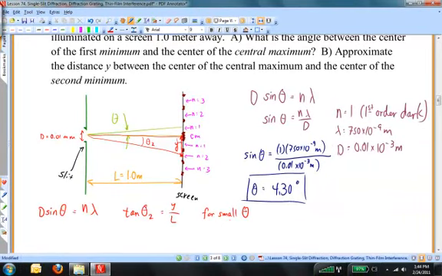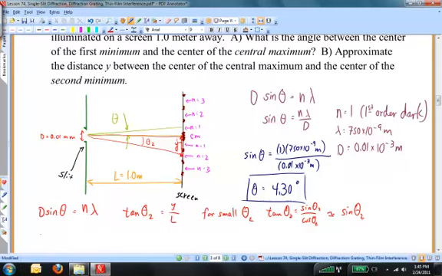The small angle approximation allows me to say that the tangent of theta, which is the sine of the angle divided by the cosine of the angle, and these are all theta 2, is almost equal to the sine of the angle, because cosine is almost equal to 1 when theta is small.